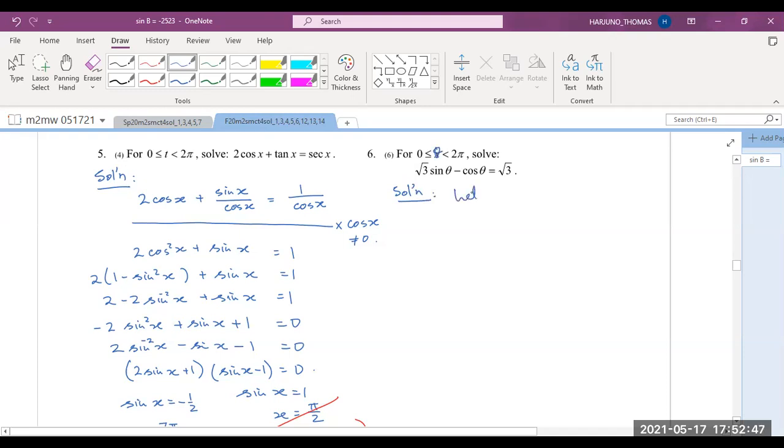Let x, y equal cosine theta, sine theta, and then solve it from there. So we get radical 3 y minus x equals radical 3, and then x squared plus y squared equals 1. Now try using that method first.